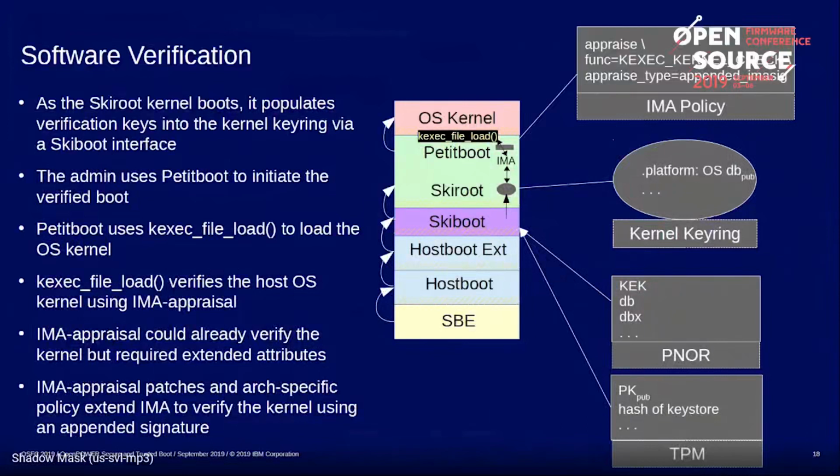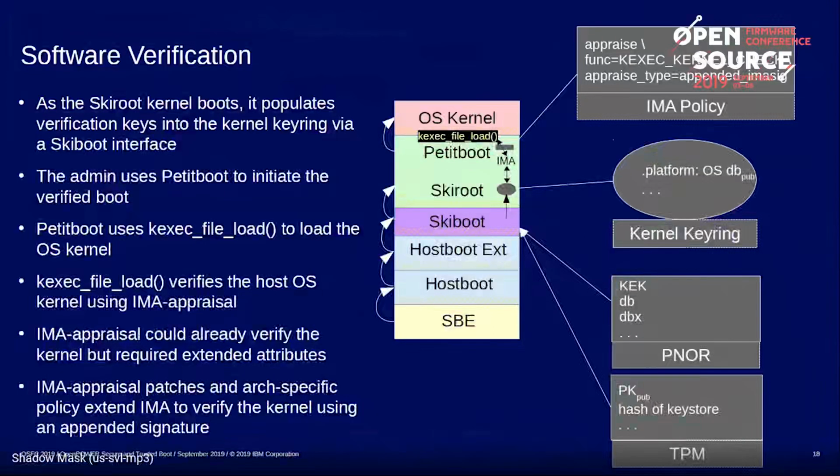IMA normally uses extended attributes in the file system to store the signatures. We didn't think it was desirable to have a two-part thing. Extended attributes always seem to cause problems since forever. So it's nice to have the signature appended and have it verified. So other architectures might find this useful too.